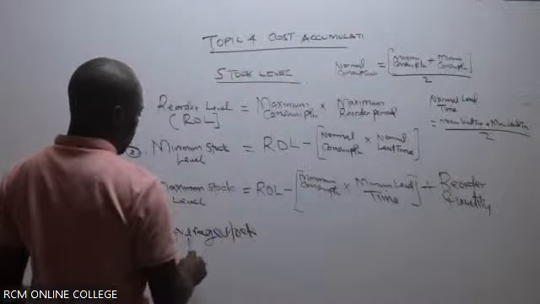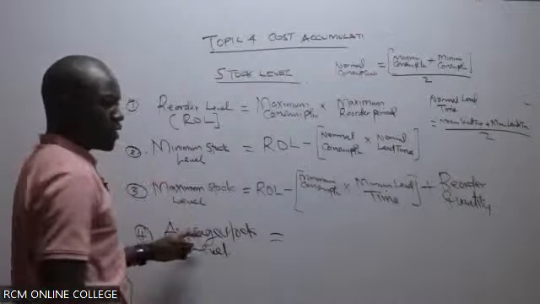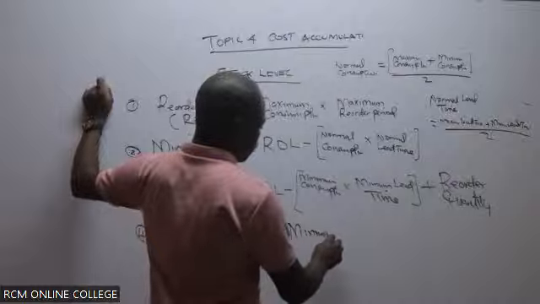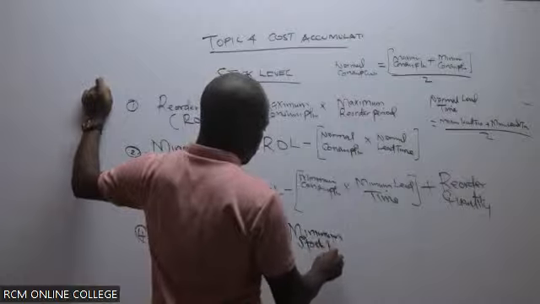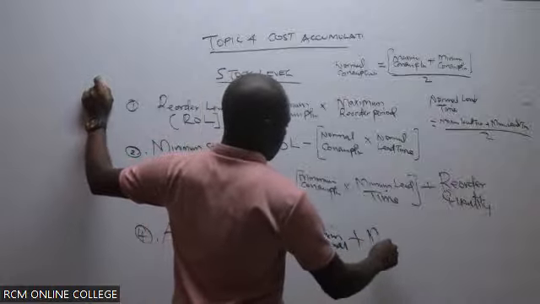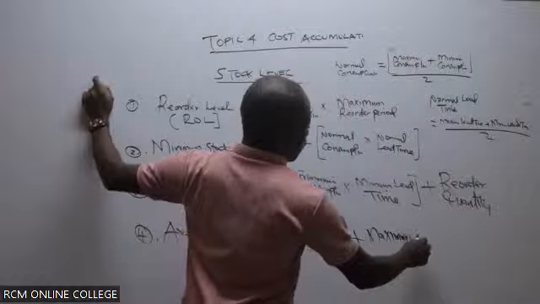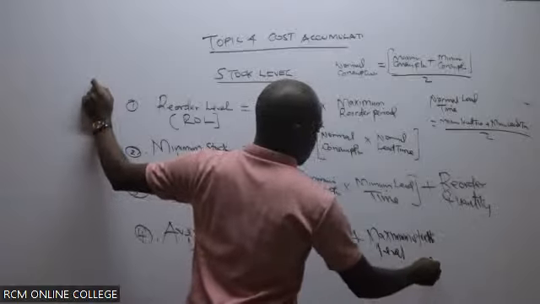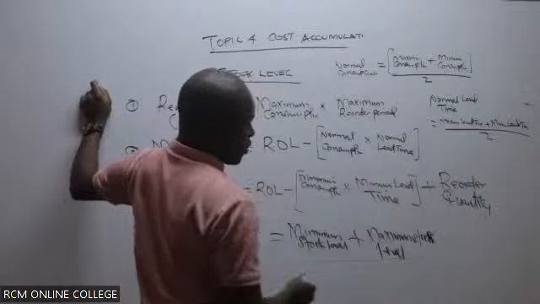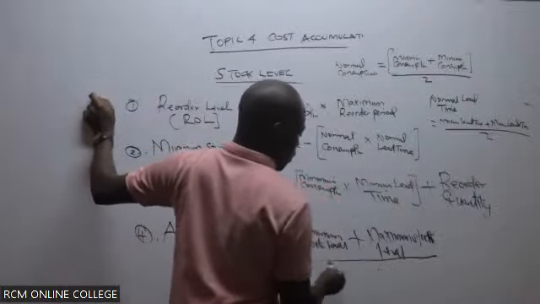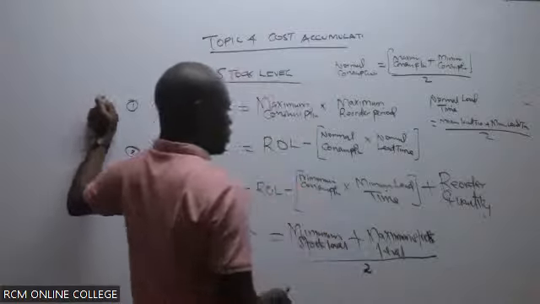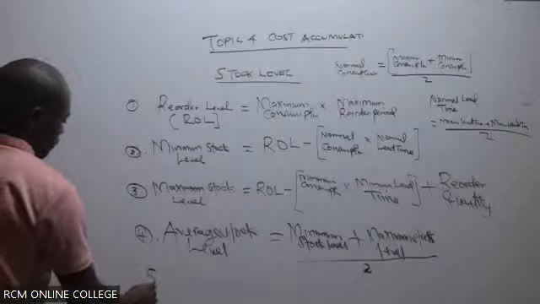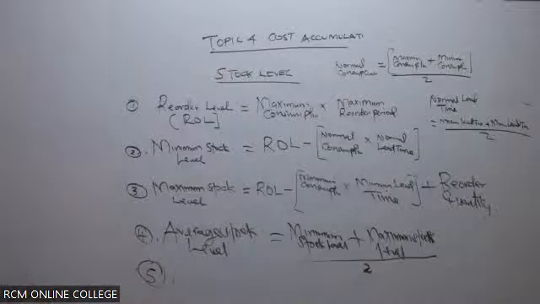Average stock level will be minimum stock level plus maximum stock level, then everything here you divide by 2. Then number 5.